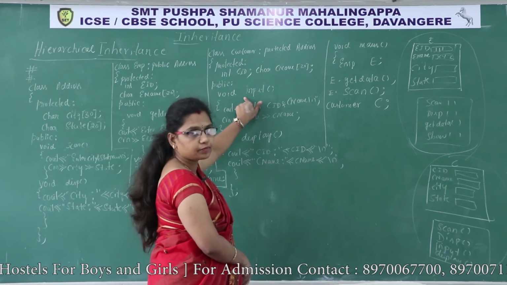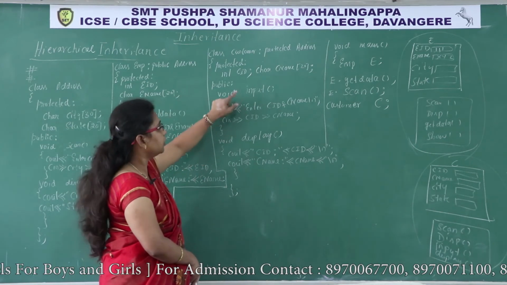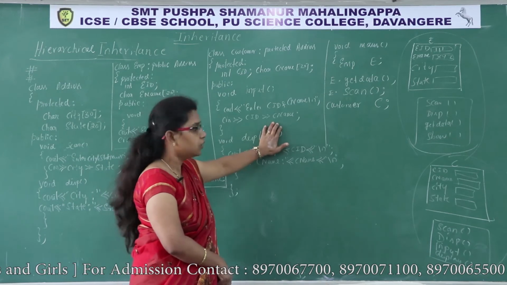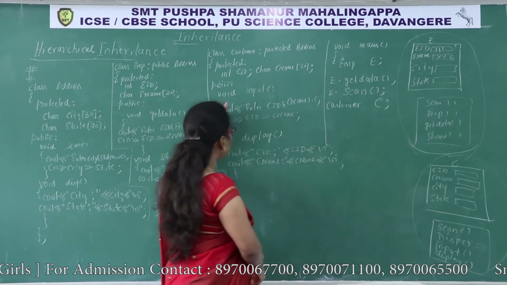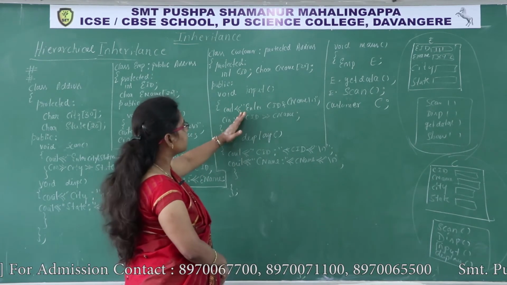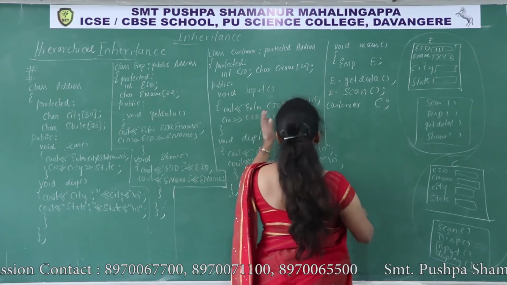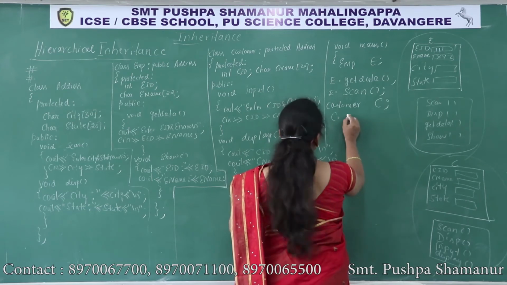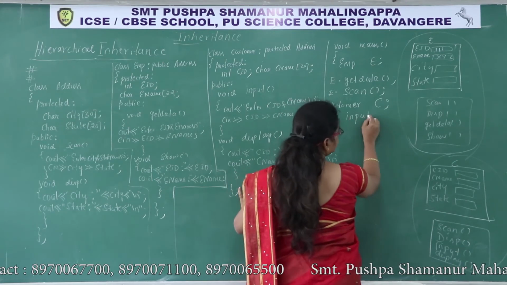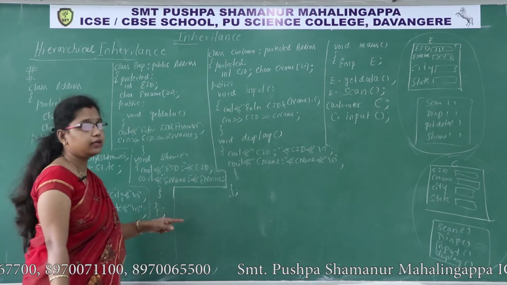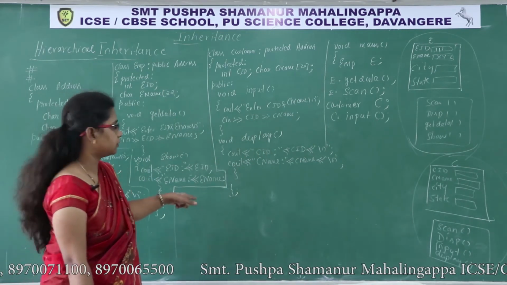Input function is there. Are you understanding? Input function reads a value for customer ID and customer name. So I have to call this function. It belongs to public section, so I can access. Public members can be accessed from outside the class. C dot input. What happens? Customer ID and customer name will be read.